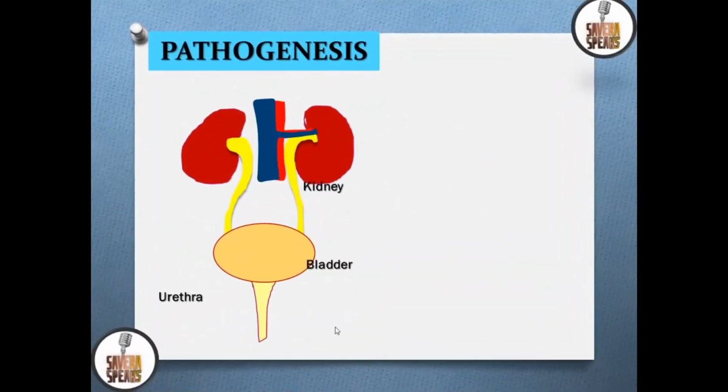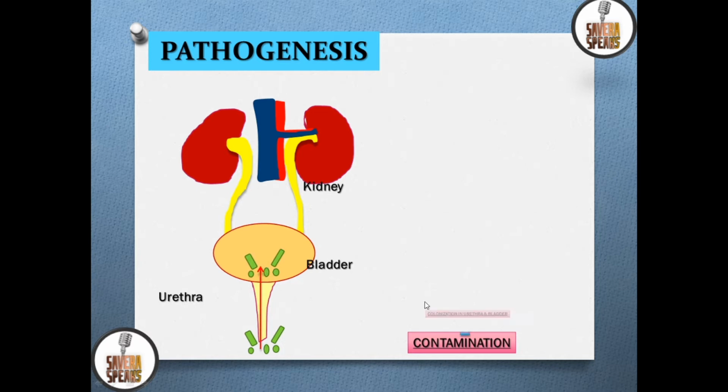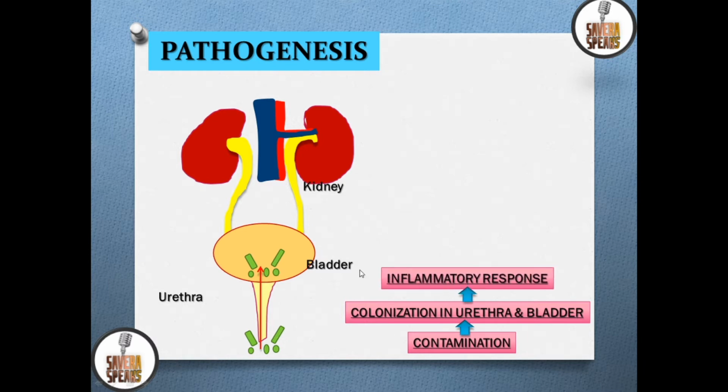Now the pathogenesis, how they cause the infections. The first step is contamination, that is the bacteria contaminate the periurethral area, and after the contamination they enter the urethra, and through the urethra they go into the bladder, and there they colonize. The colonization in the urethra and the bladder triggers an inflammatory response, and inflammation of the bladder is called cystitis, and inflammation of the urethra is called urethritis.